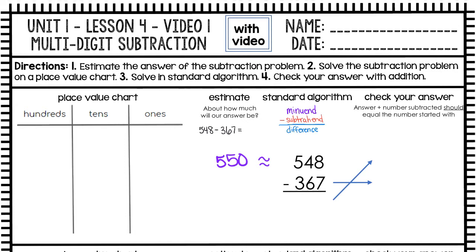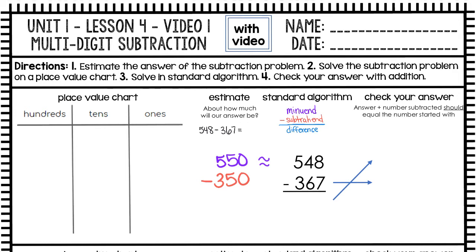Next, we're going to go to our subtrahend. And we're going to say 367 is about 350. So on my paper and on your paper, we're writing 350 in our estimate. We're going to be taking away about that much.